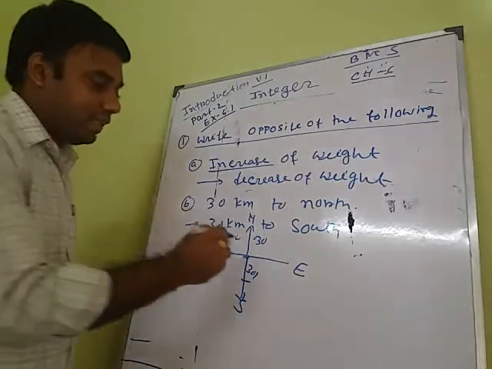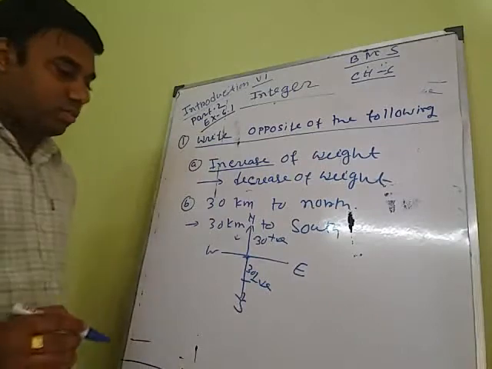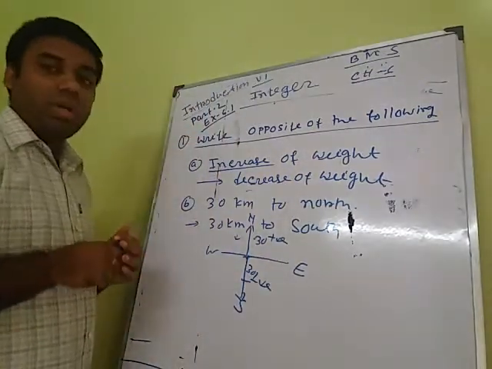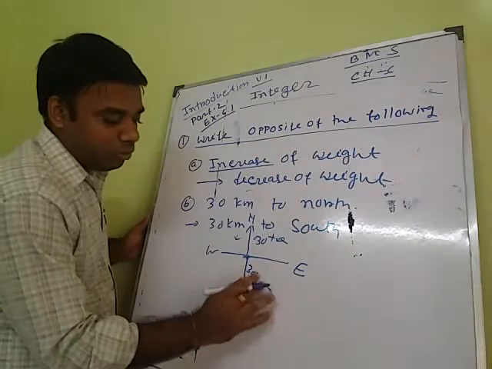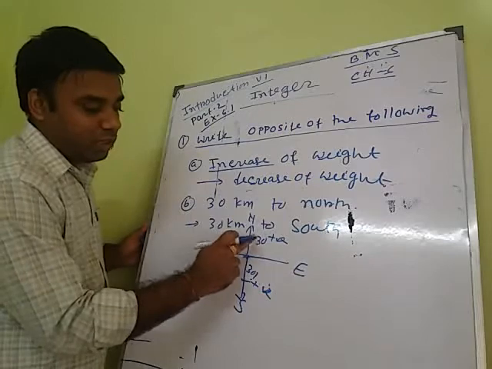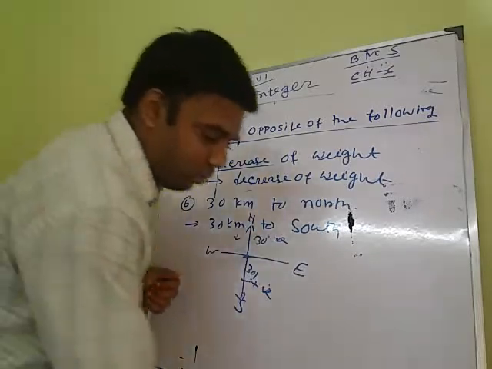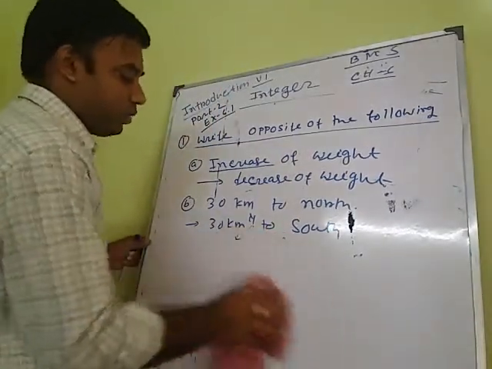If I take this as positive sign, this will be negative sign. You can interchange it. If you want to take 30 kilometer south in positive sign, then the opposite, 30 kilometer north, will be negative sign. That is your wish. So if you take one statement as positive, then the other statement must be negative.